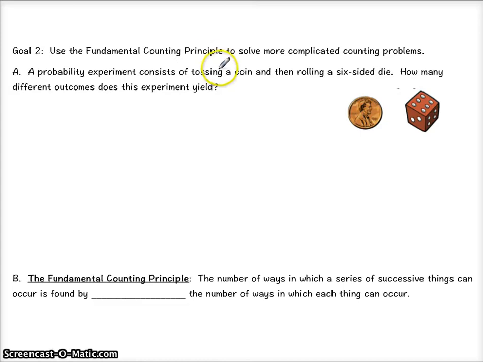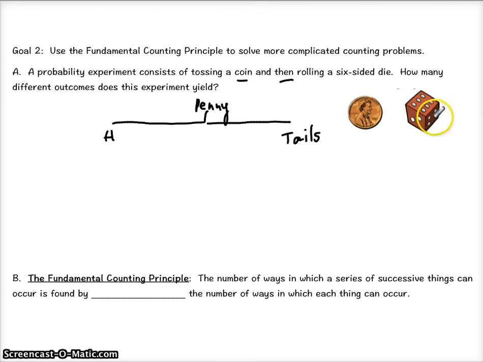It would make sense because the experiment says it consists of tossing a coin and then rolling a die. So if we take our penny, or any coin in this case, and we roll it, we know that we have two outcomes. We could have a heads, or we could have a tails. When we roll the die, we know that we have 6 possible outcomes.